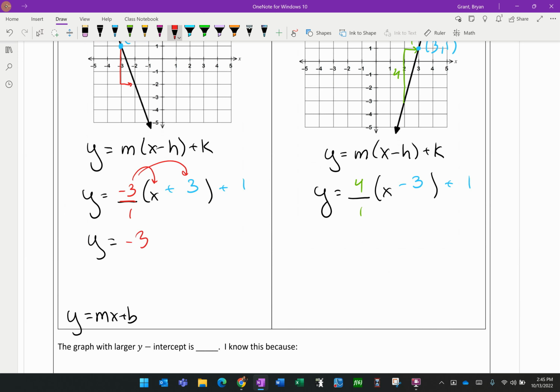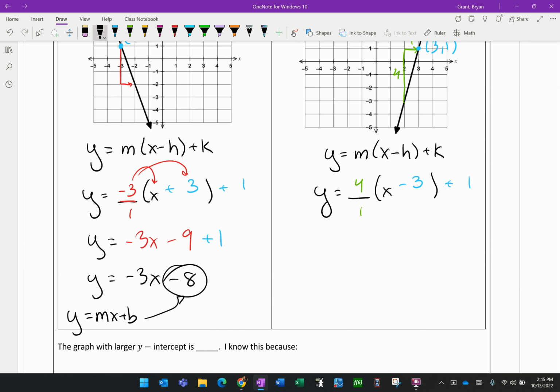So negative 3 times x is negative 3x, negative 9, and a positive 1. Finish combining like terms, just like we did in 3.3, and this gives me negative 8. So it looks like this graph over here has a y-intercept of negative 8.